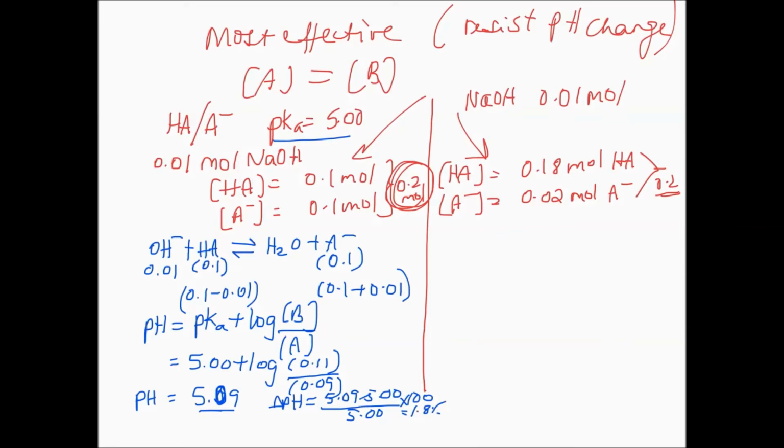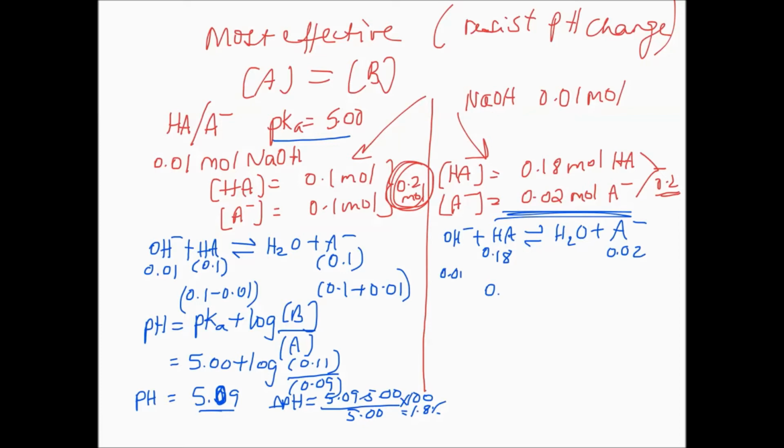Now, if you do the same thing for this other buffer that we discussed, exactly the same thing is going to happen. Your added hydroxide is still going to react with the HA, giving you water and A minus, but realize that you started with 0.18 of the HA, and so the added hydroxide is going to take away a little bit of that.